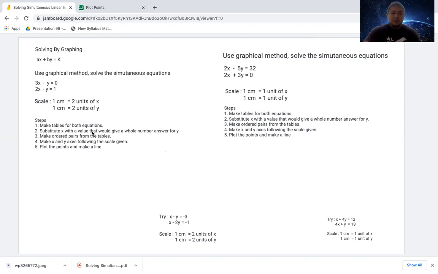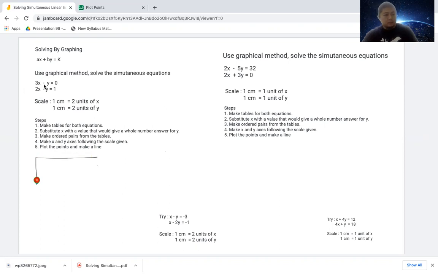Okay, so as you can see here, I already put the steps. And the first step that we're going to do for us to be able to graph and solve these equations is to make tables for both equations. So let's say that we're going to have two tables for these equations.